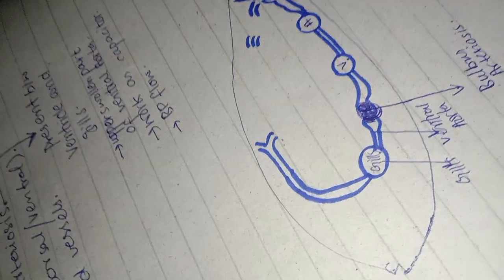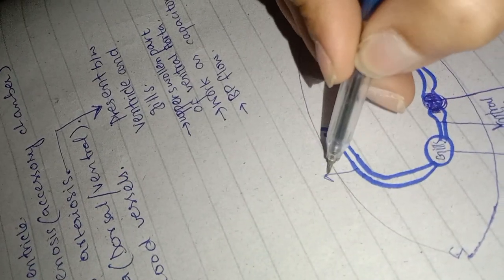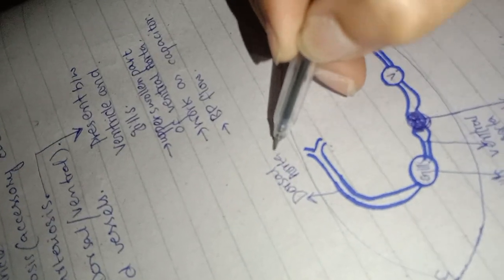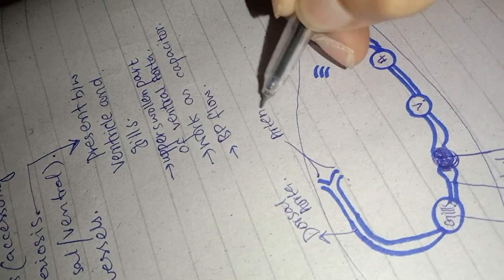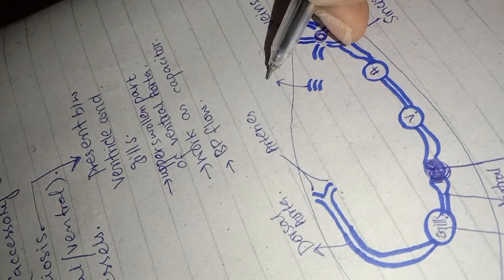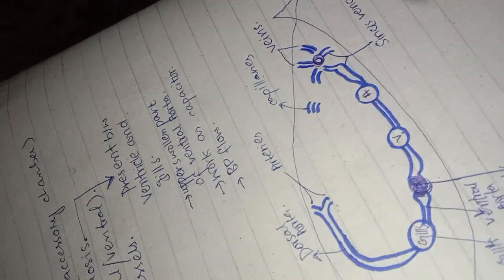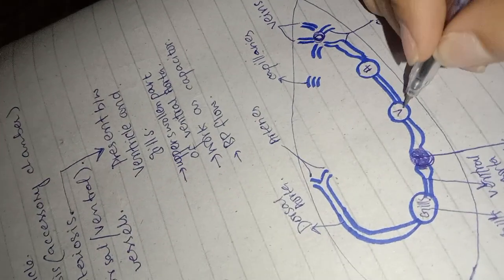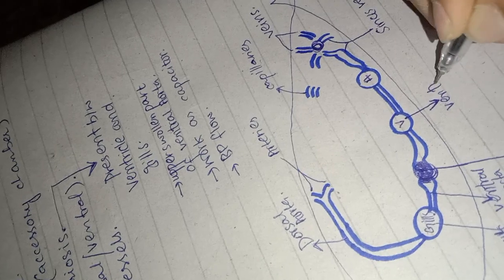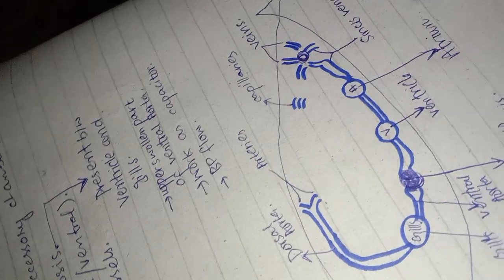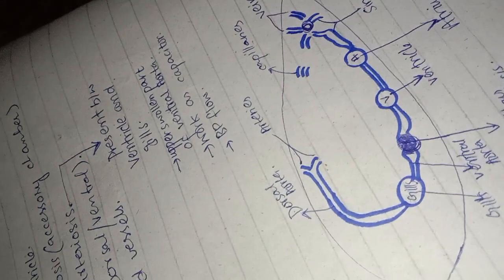Then this one is the dorsal aorta, and these are the arteries, and these are the capillaries. This is the whole circulatory system of fish. These are the ventricles, and this one is the atrium. Fish only has two chambers in its heart.